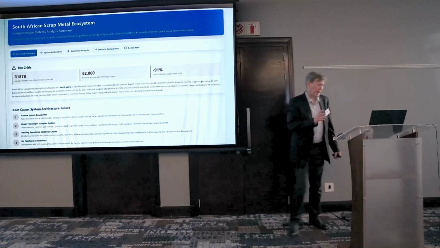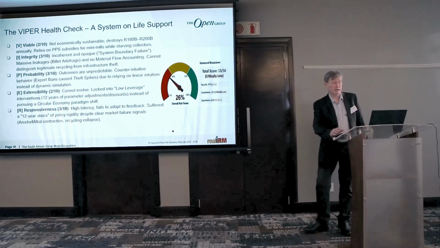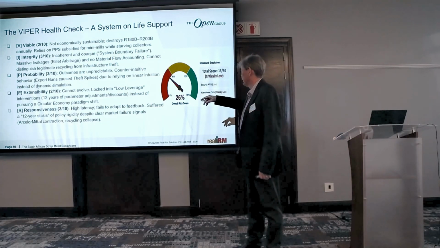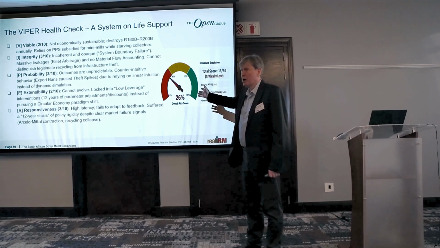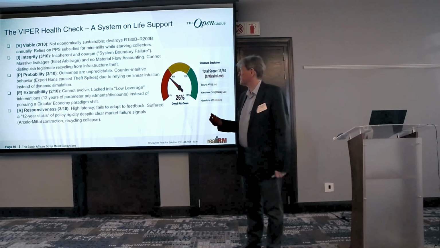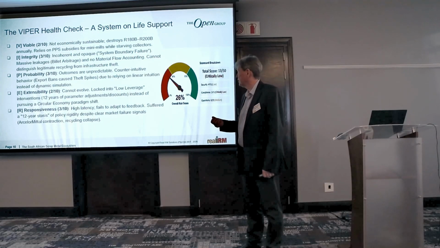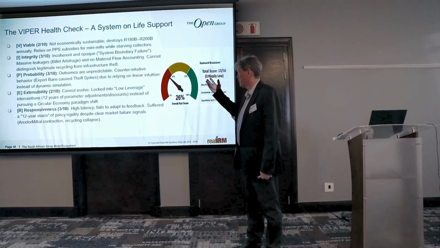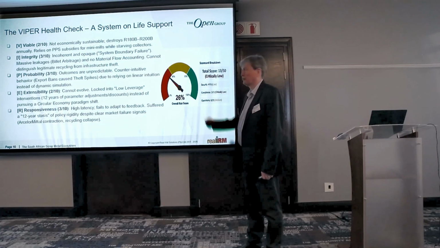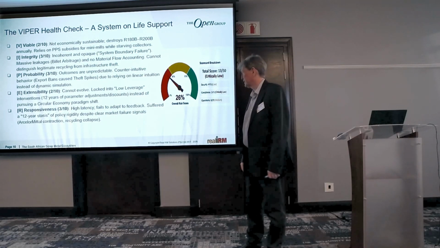They came up with this VIPER model, which is a health check. I went through it and came up with a score saying that from a viability perspective, it's not economically sustainable. It's on a death spiral as a system. On integrity: system boundary failures, massive leakages, built-in arbitrage, no material flow accounting. These are the issues coming up behind it.